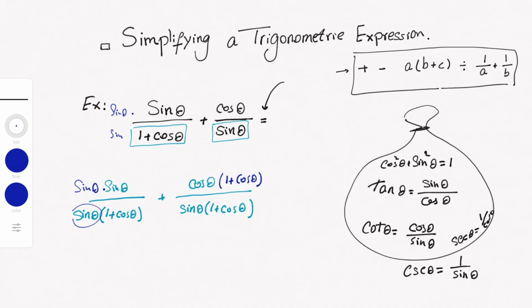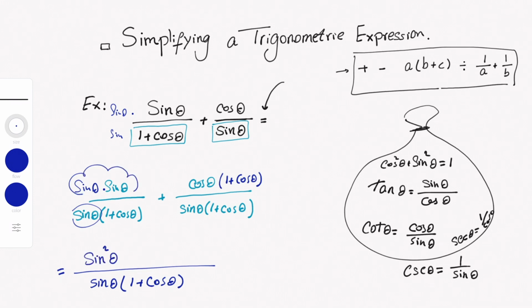So now I'm going to write it in one fraction. We get sine squared theta from this one, plus cosine theta times 1, which is cosine of theta, plus cosine theta times cosine theta, which is cosine squared theta.